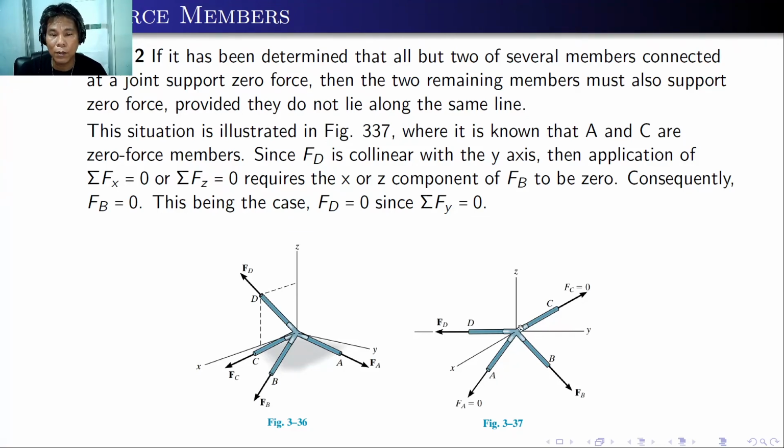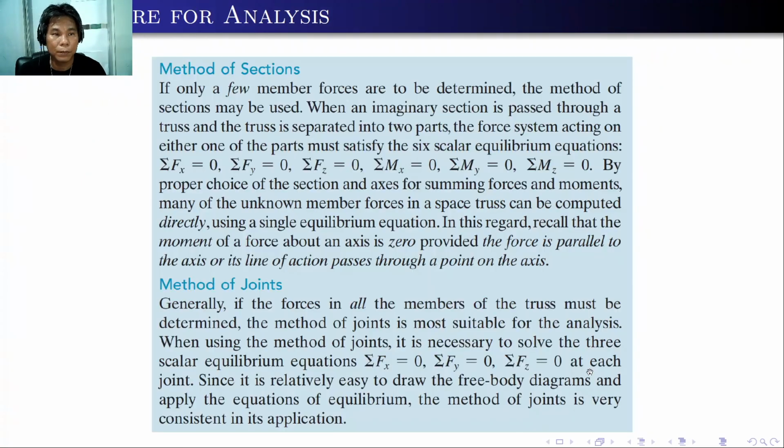Since FD is collinear with the y-axis, then application of summation of forces in x equal to 0 and summation of forces in z equal to 0 requires the x or z component of FB to be 0. Consequently, FB is equal to 0. This being the case, FD is equal to 0 since summation of forces in y is equal to 0.